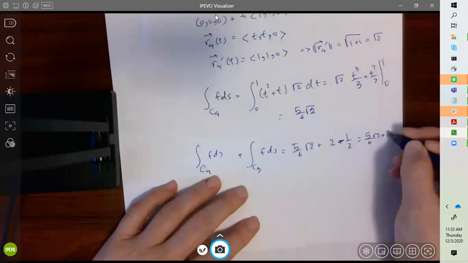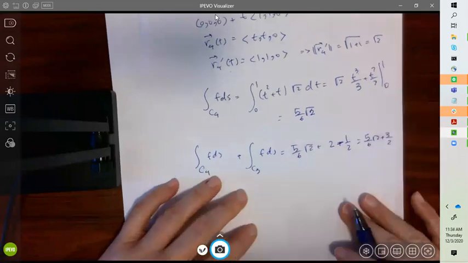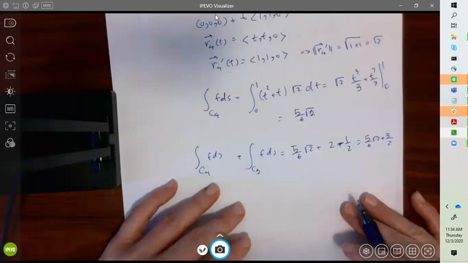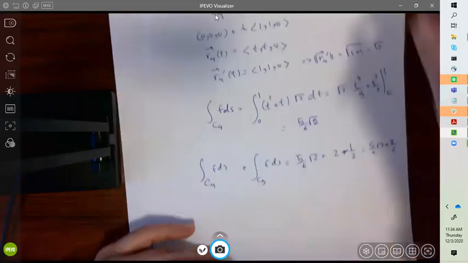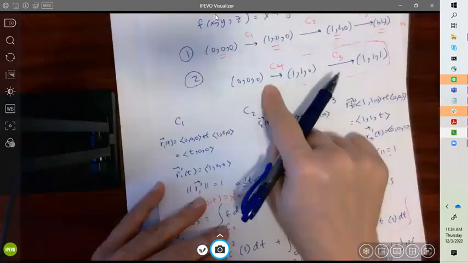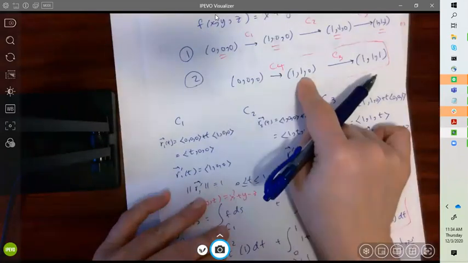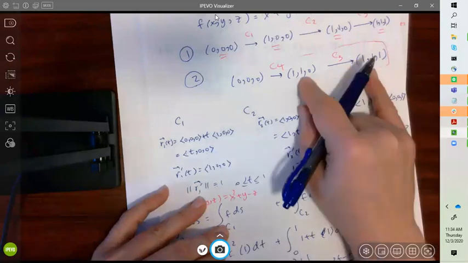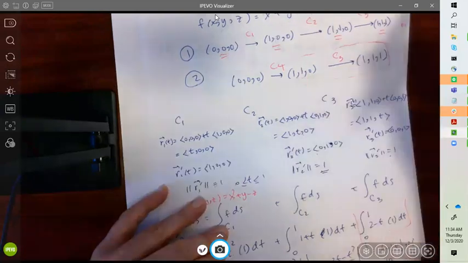I think. Are we adding it with C3 because it says that it goes from 1, 1, 0 to 1, 1, 1? Yes, so see, it tells you for part 2 to add this piece and this piece. So there are 2 pieces. This piece was the same as we did over here.